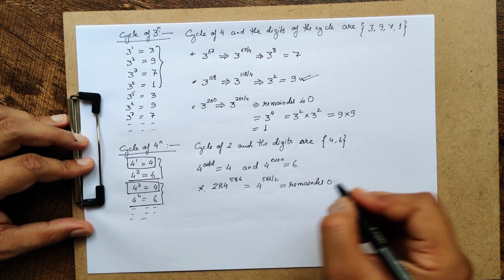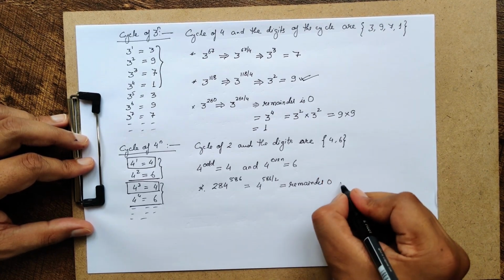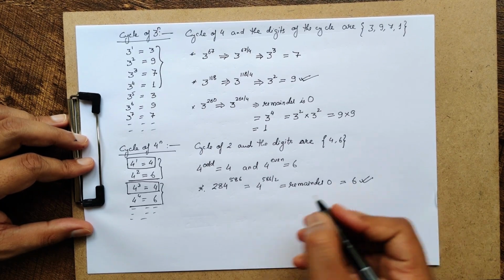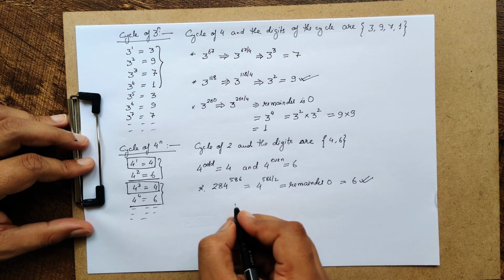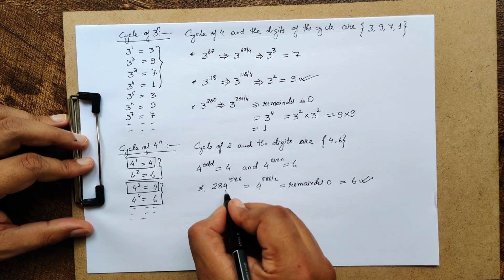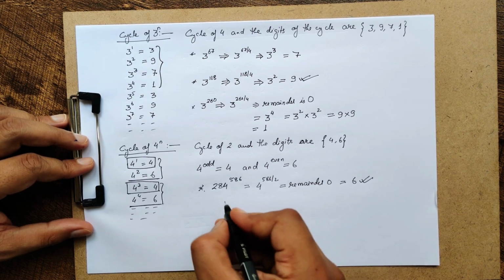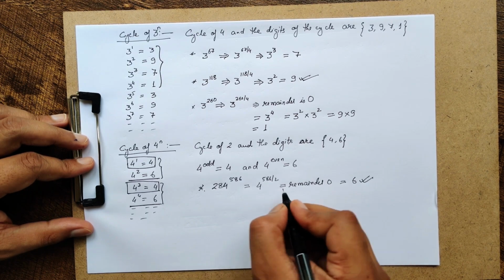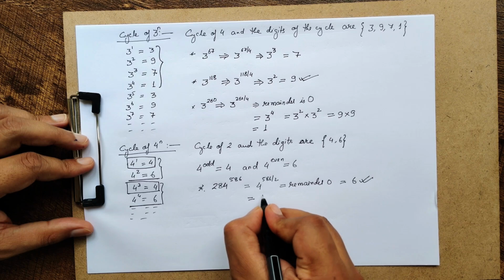Hence the last term of the cycle, which is 6. Hence we can say that 6 is the answer. Alternatively, we can also say that we have 4 to the power of an even number, and 4 to the power of an even number is always 6.